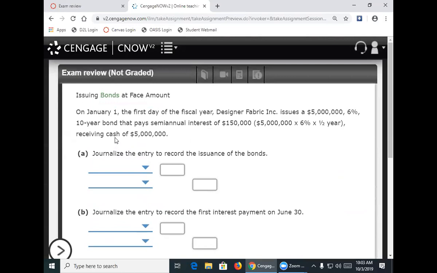So as far as what you want to know on bonds, know the difference between market rate and contract rate. We'll start with the easy one. When the market rate of a bond equals the contract rate, we know we sell the bond at the face value. So it's sold at face value.